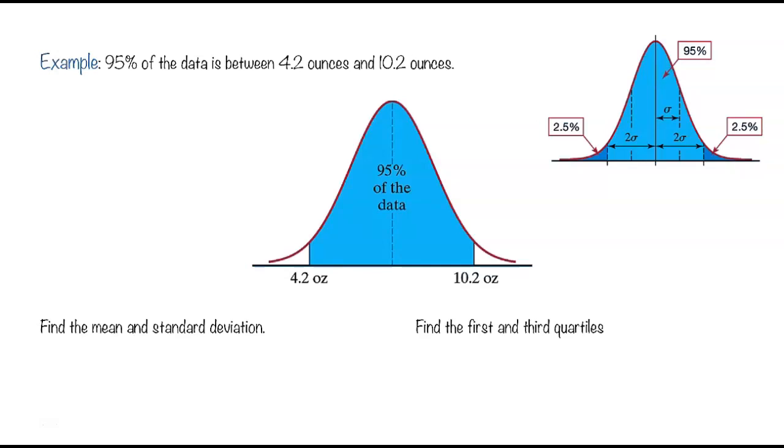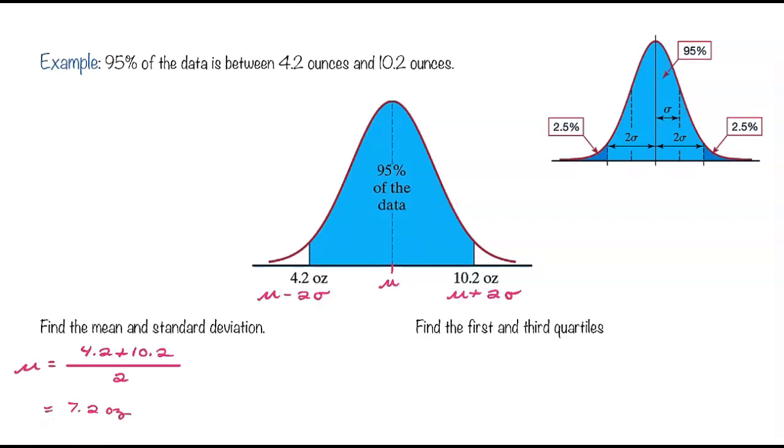Labeling these on our normal curve, we have the mean in the center, and 10.2 ounces is 2 standard deviations above the mean, while 4.2 ounces is 2 standard deviations below the mean. Let's consider that first the mean is halfway between 4.2 and 10.2 ounces. To find halfway, we will add them together and divide by 2. This tells us that the mean is 7.2 ounces.